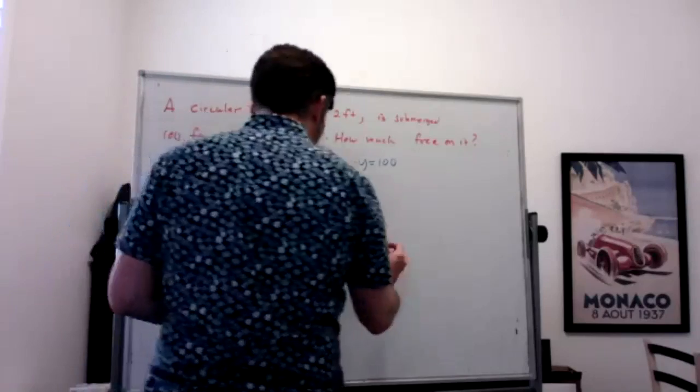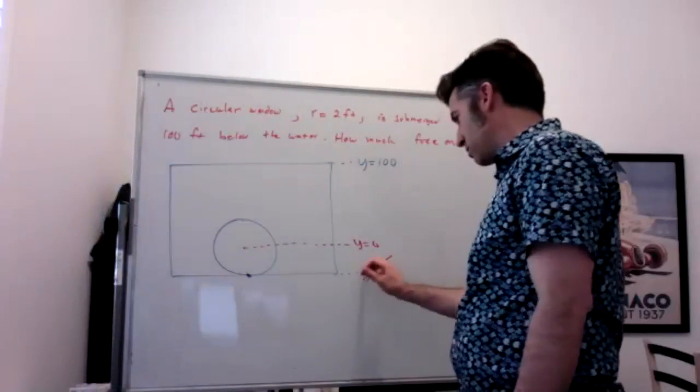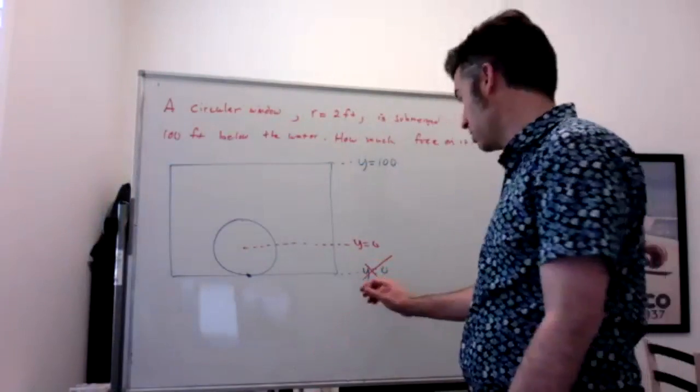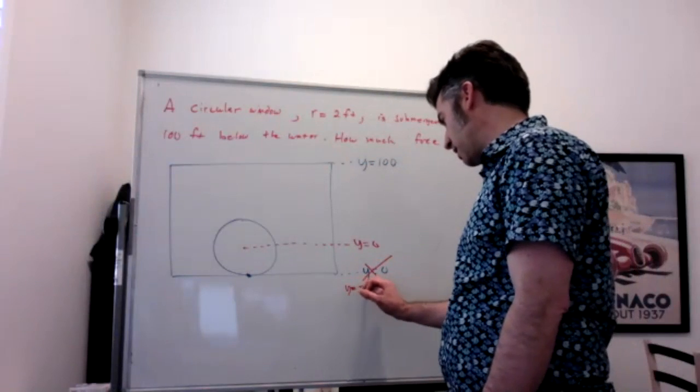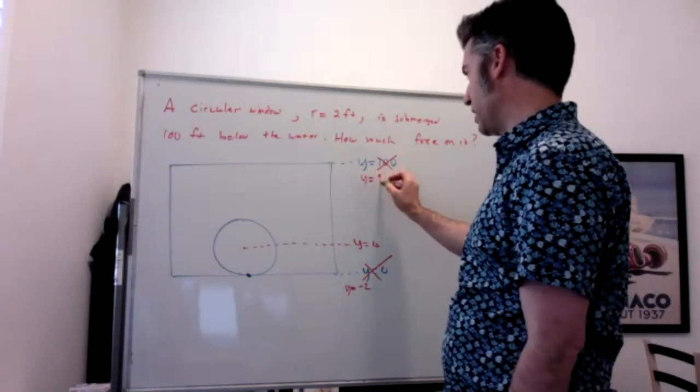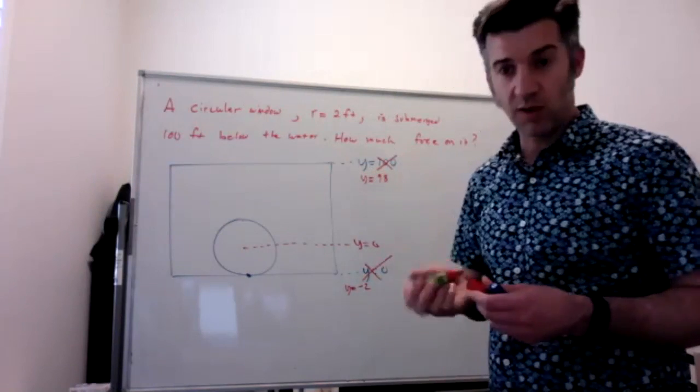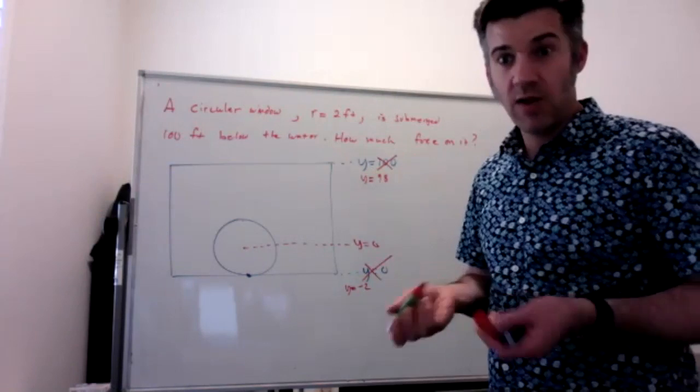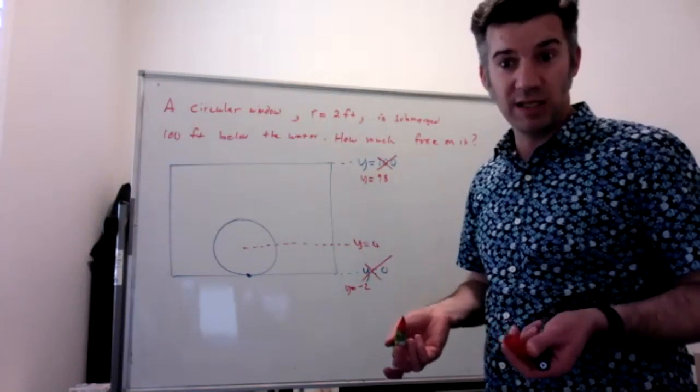So my radius is 2, this is y equal to -2, and this is going to be 2 less, y equal to 98. So we're going to work with that framework instead. Why? Because it's going to be easier.